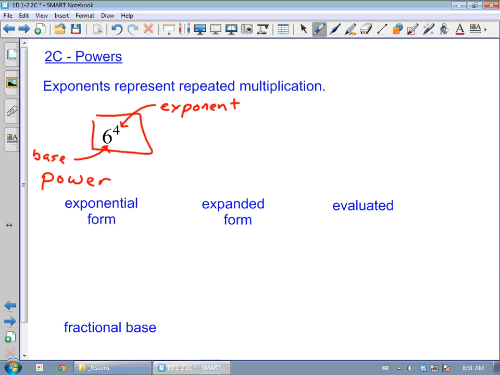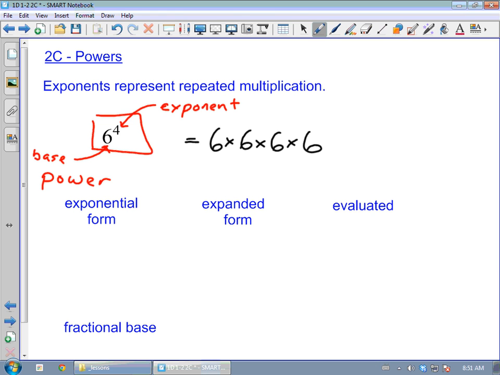And we've already talked about what that exponent means. What this power represents, of course, is repeated multiplication. So if I have 6 to the power of 4 here, this really means that I'm multiplying 6 by itself 4 times. 6 times 6 times 6 times 6.